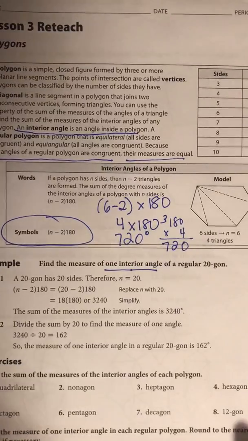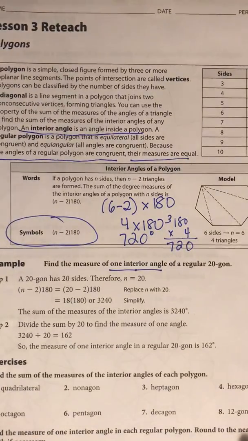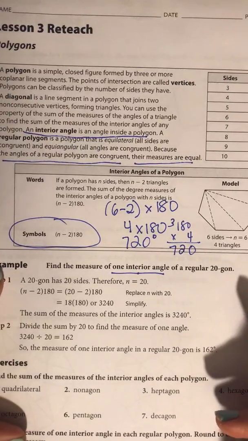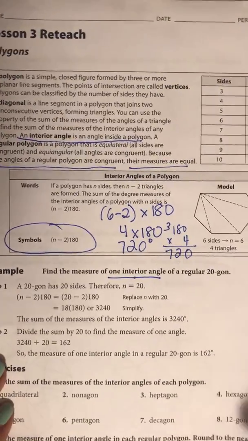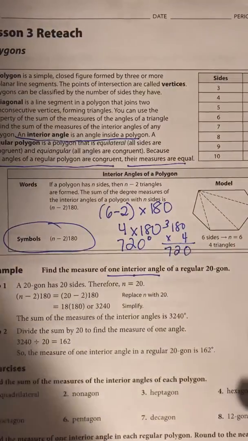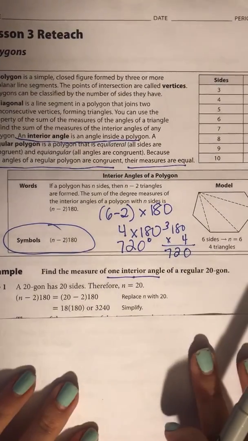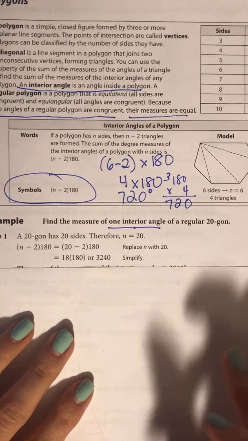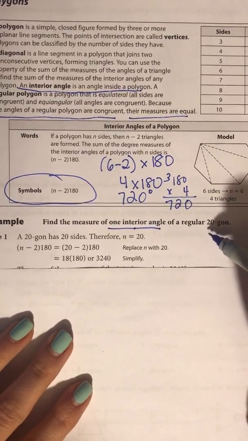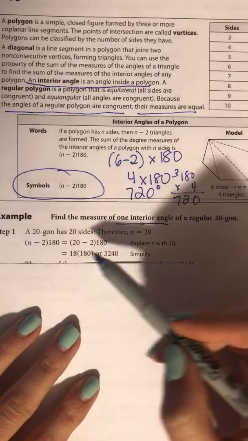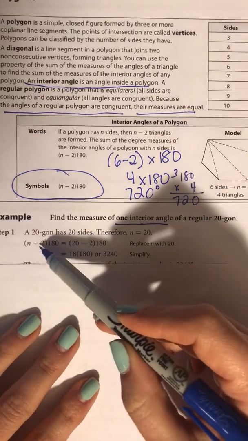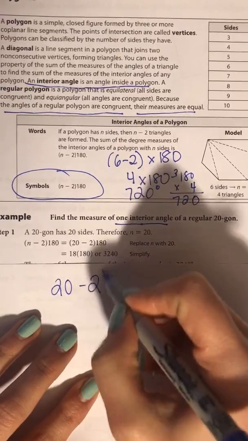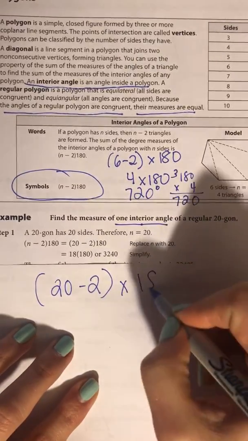Now, sometimes they want to find the measure of one angle inside a polygon, like in this example. That's 2 steps. So the first step: it says find the measure of one interior angle of a regular 20-gon. That's just a 20-sided figure, okay? So the n in this problem is 20. So we are going to do 20 minus 2 times 180.